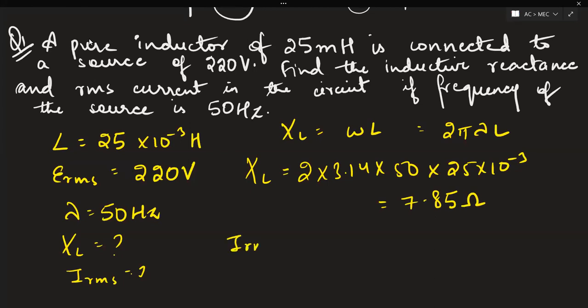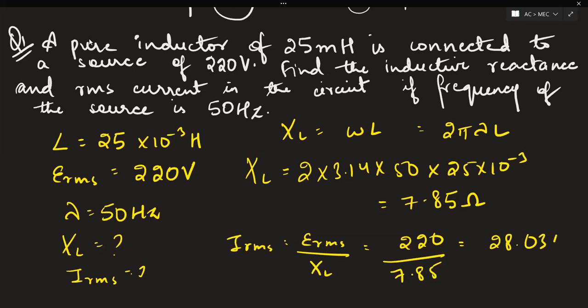And IRMS is equal to ERMS divided by XL. So ERMS is 220, XL is 7.85. So this will be equal to 28.03 amperes. This is the value of IRMS. Note it down. One more question I'll give. That question you all will try by yourselves.